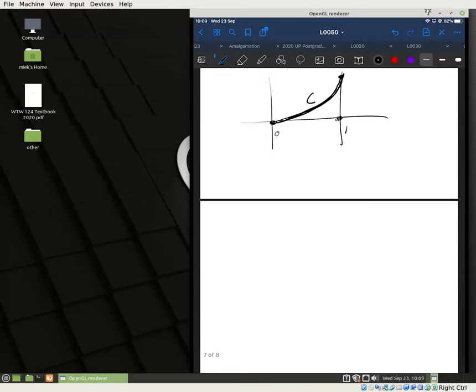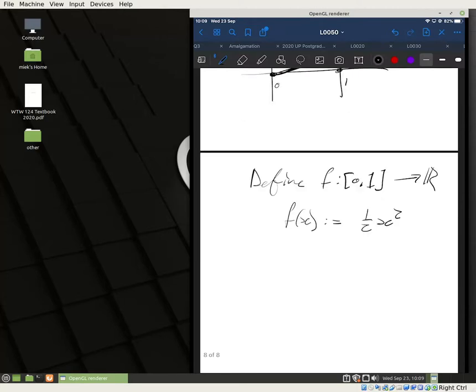Okay, all we will do is we will use the definition of arc length. So let's define f on the interval 0 to 1, and we define f of x as a half x squared.